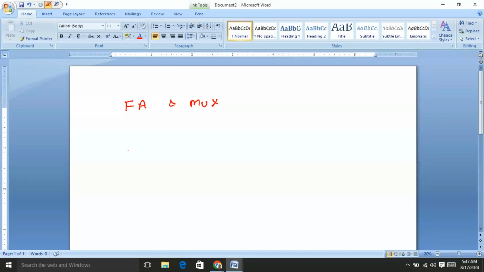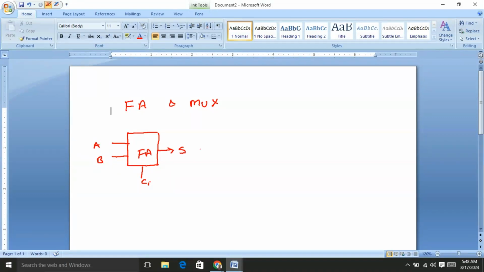I remind you of the full adder; we represent the full adder like this. The full adder is a combinational circuit which is able to add three bits of binary. Suppose one bit is A, another bit is B, and another bit is C, where C represents the carry, and it generates the sum.